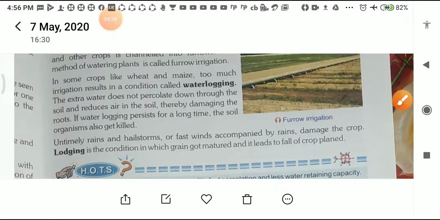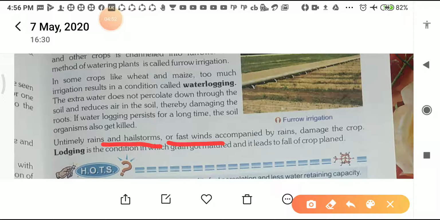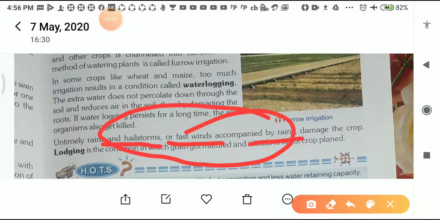Then, rains and hailstorms or fast wind accompanied by rain damage the crop. This is another thing which can destroy the crop. Hailstorms, fast wind accompanied by rain: these are the factors responsible for the damage of the crops.